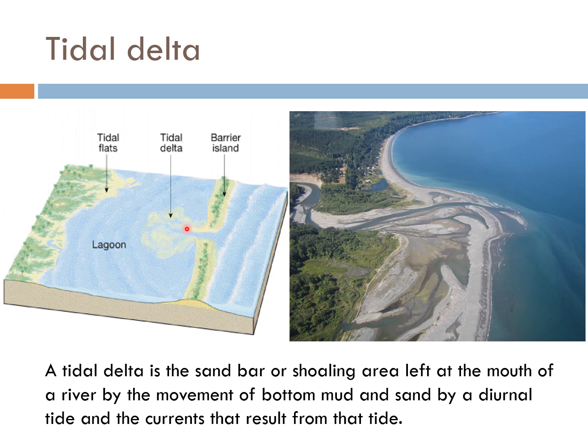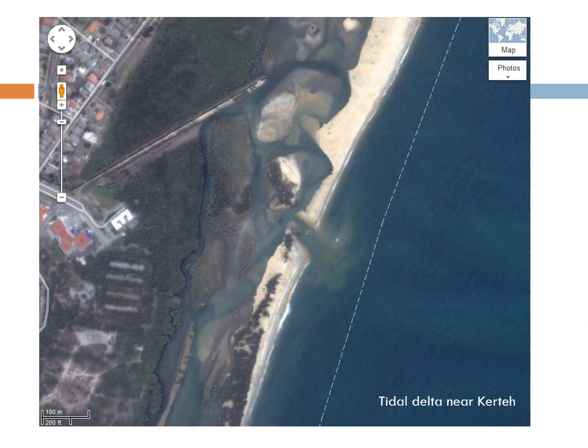So the ebb and flow of the tide causes the sediment to be deposited on the lee side, here forming a small tidal delta. This figure here shows a tidal delta near Kerteh, whereby this is the tidal inlet.